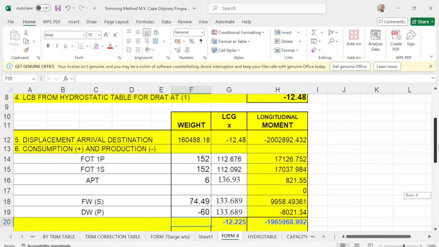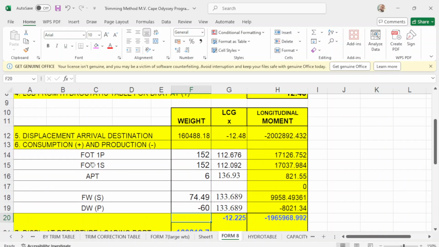Okay, again, your consumption, which is positive, will be 152 on FOT number 1 port and FOT number 1 starboard. You have to reduce your after peak, and this will be the tons remaining of 6 tons.